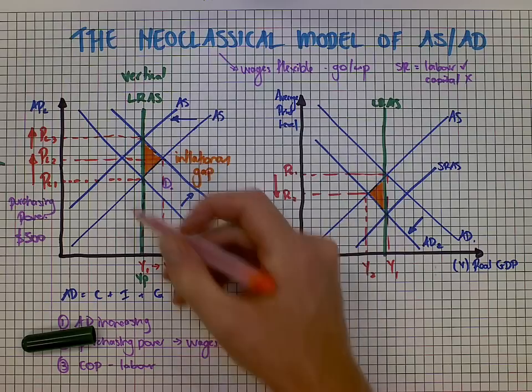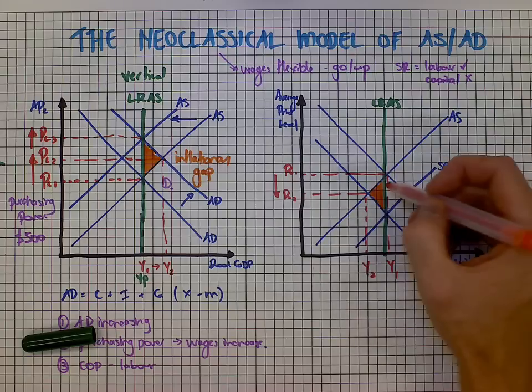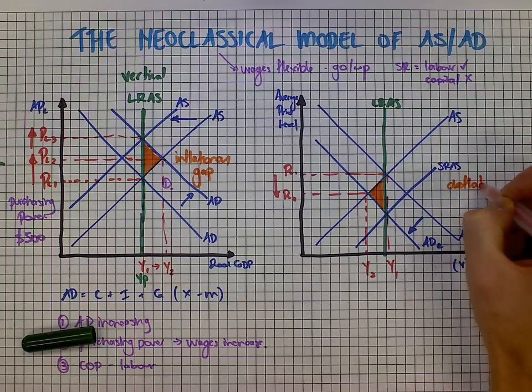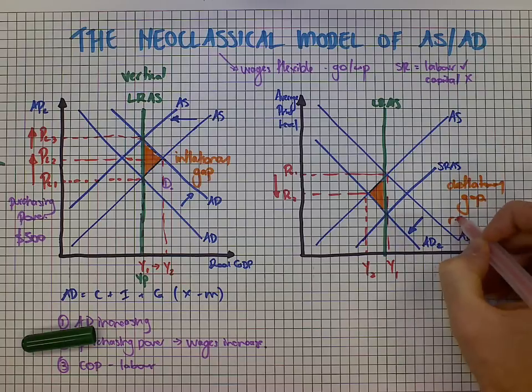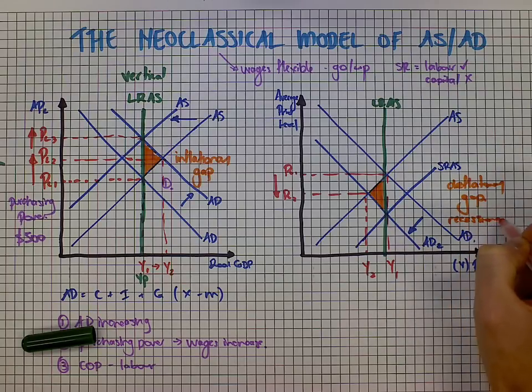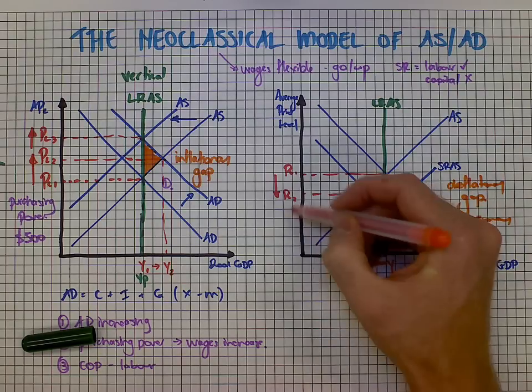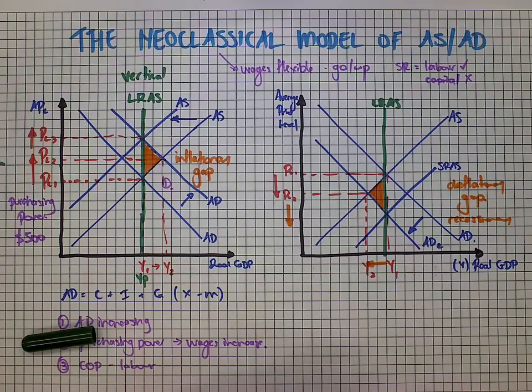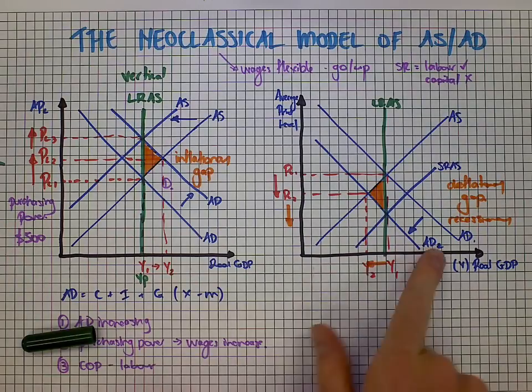It's this gap down the bottom, but it's leading to inflation up the side. This one here is usually called a deflationary gap. I also call it a recessionary gap. We have this effect down the bottom, and we have price levels falling at the same time on that side. And this is the explanation of how these 2 things are resolved over time.